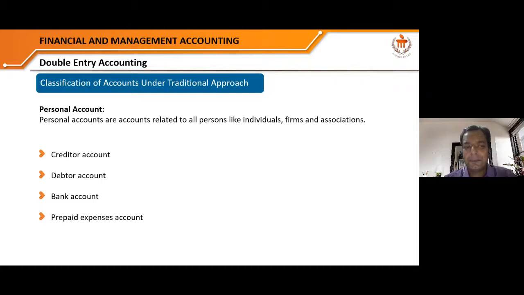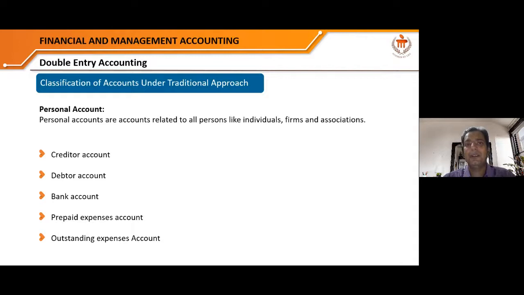And then similarly, we can have outstanding expenses account. Outstanding expenses is what? The amount which we were supposed to pay but we have not paid. That may be your salary, your wages, your rent. Any amount which you were supposed to pay and have not paid falls into the category of outstanding expenses.